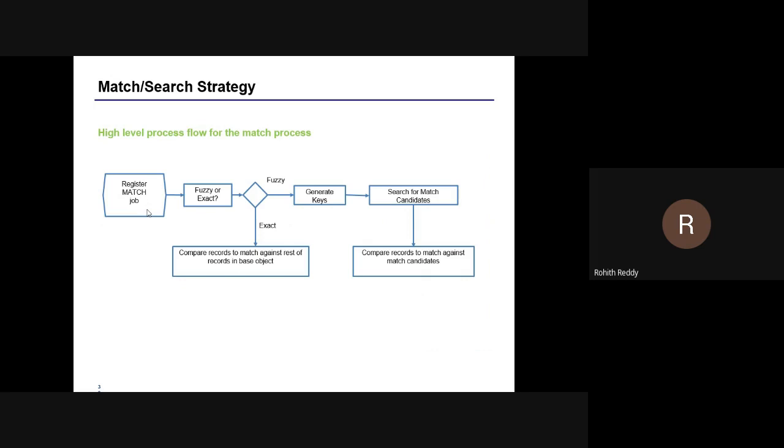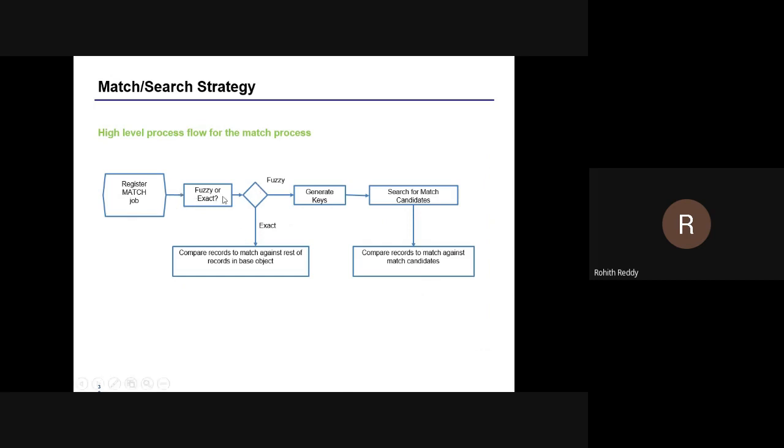I'll show you. The strategy will be either exact or fuzzy. If we implement the fuzzy match strategy, then we can also go for the exact match process. But if we implement the exact match strategy, then we cannot go for the fuzzy match. Those options will not get enabled. So if we enable fuzzy, then we can go for both processes.